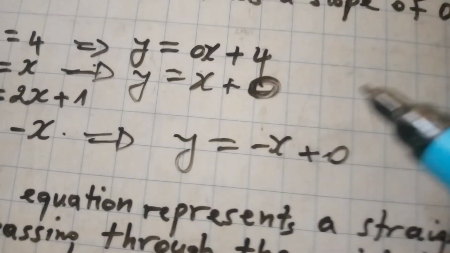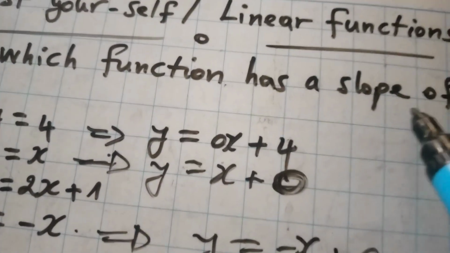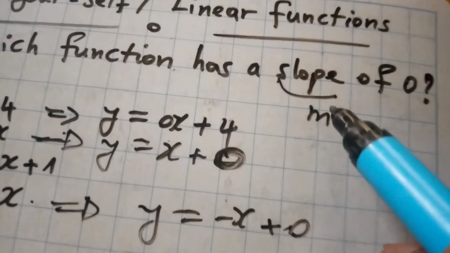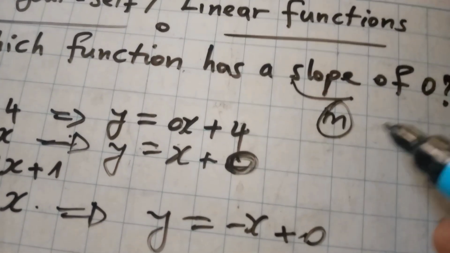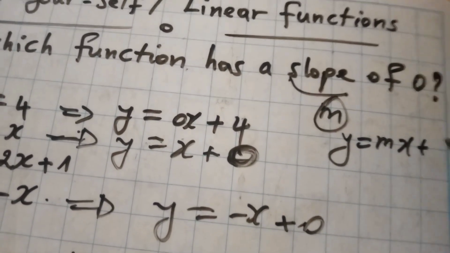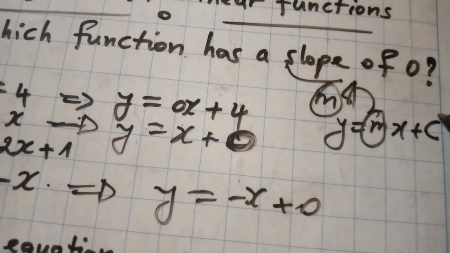Now let us check which function has the slope of 0. Remember this slope is the m, or the gradient, and we have y equal to mx plus c. This is the gradient, and this is the y-intercept.